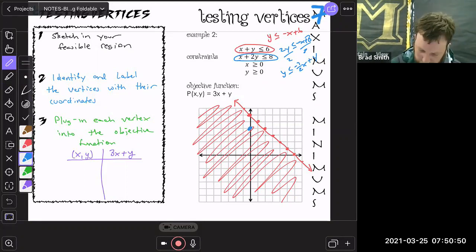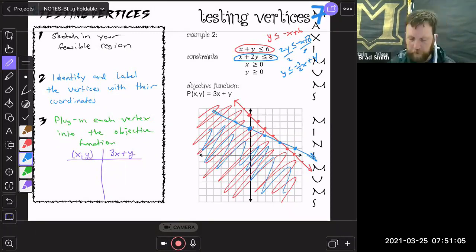Negative 1/2, so down 1 over 2, down 1 over 2. You got to be precise as to where it crosses. Less than, that's a negative 1/2. Negative 1/2 x plus 4.